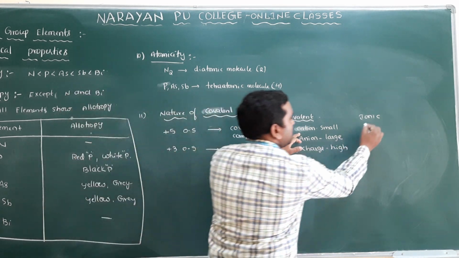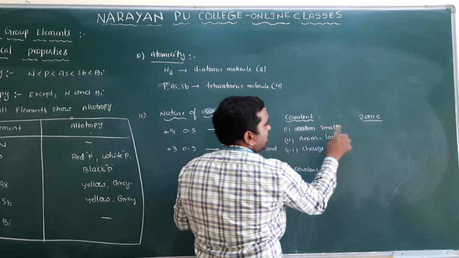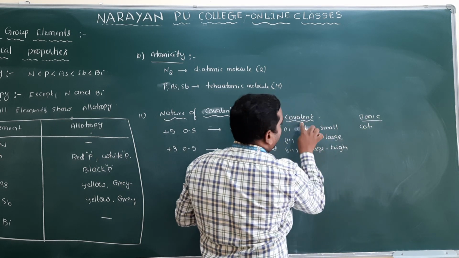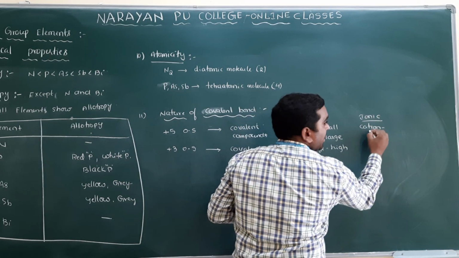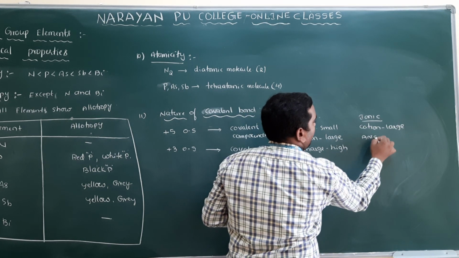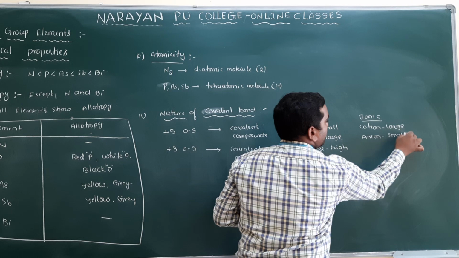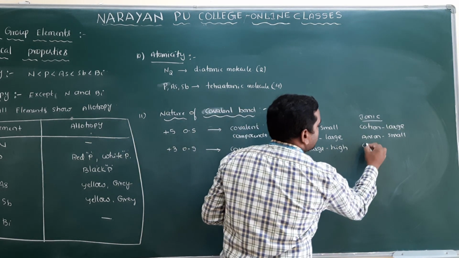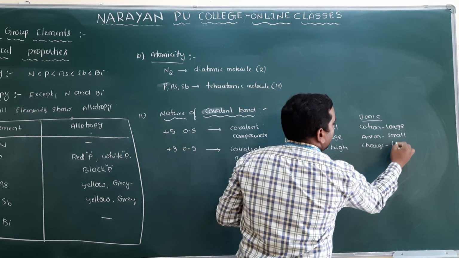Covalent compounds need a small cation. For ionic, the cation should be large, the anion should be small, and charge should be low. Clear?